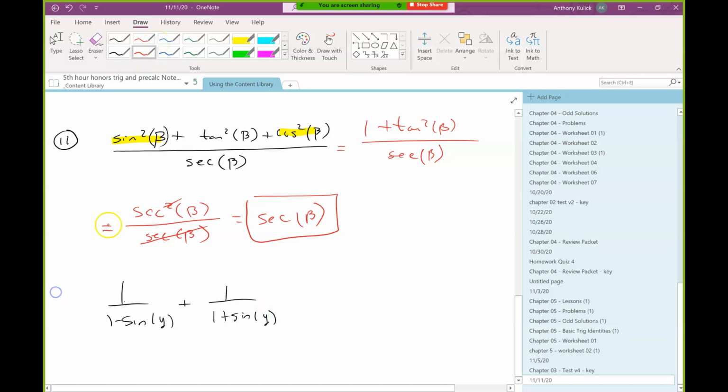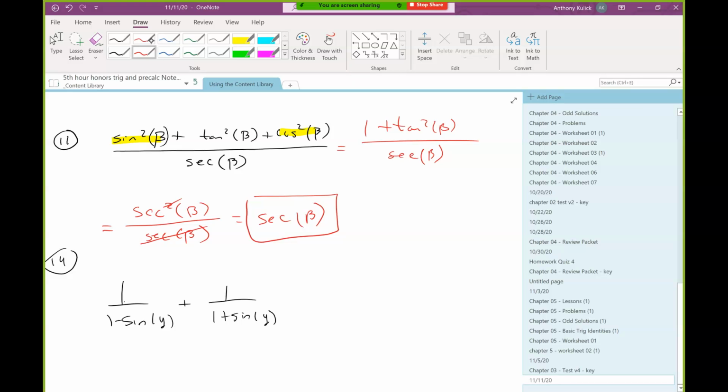So if I look at 14, is there an identity that I can use here, right? So let's do an algebra thing. In order to get this simpler, I'm going to have to add these two fractions together at some point, right? Because one fraction is simpler than 2. To add these two fractions together, I would need to have a common denominator.